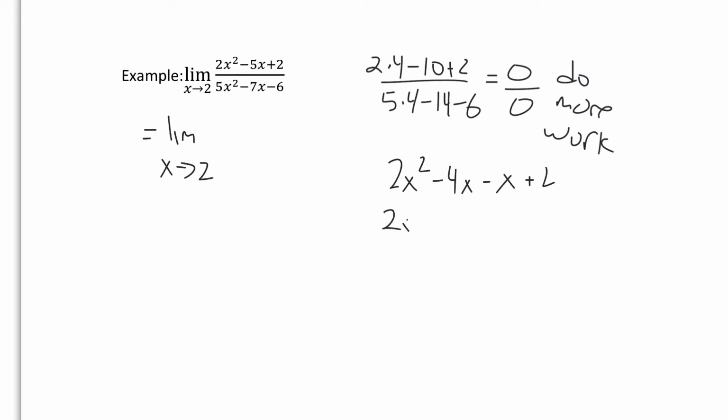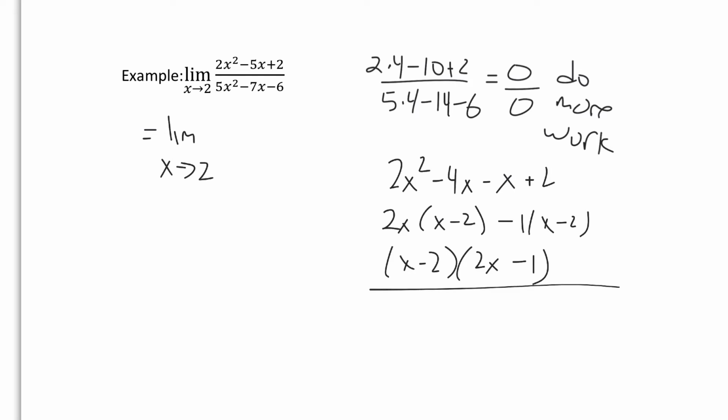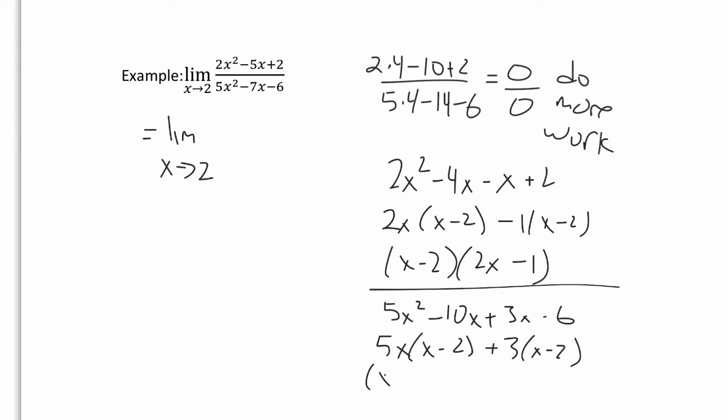So you'd get 2x, x minus 2, minus 1, x minus 2. So x minus 2 times 2x minus 1. And then for the other one, it'll be 5x squared minus 10x plus 3x minus 6. So 5x, x minus 2, plus 3, x minus 2. So x minus 2, 5x plus 3.